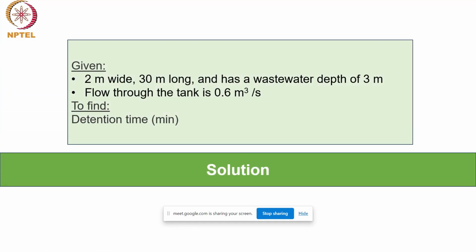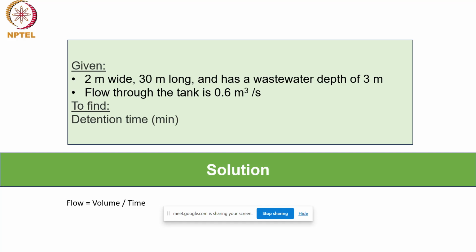The given thing is it is 2-meter wide, 30-meter long, and the depth of wastewater is 3 meter. The flow is 0.6 meter cube per second. The detention time we have to find. The formula that relates flow, volume and time is flow is equal to volume divided by time.